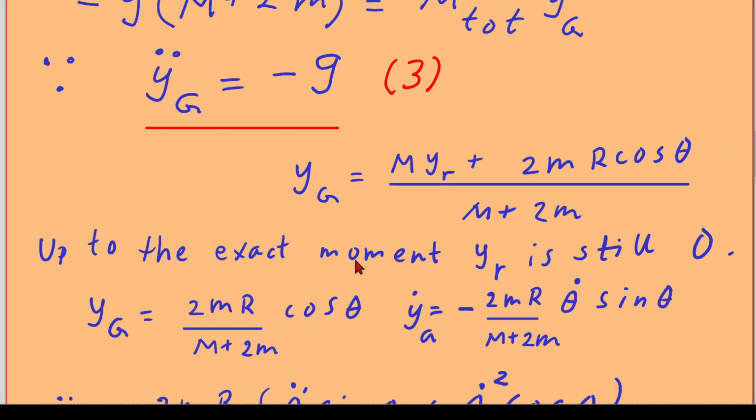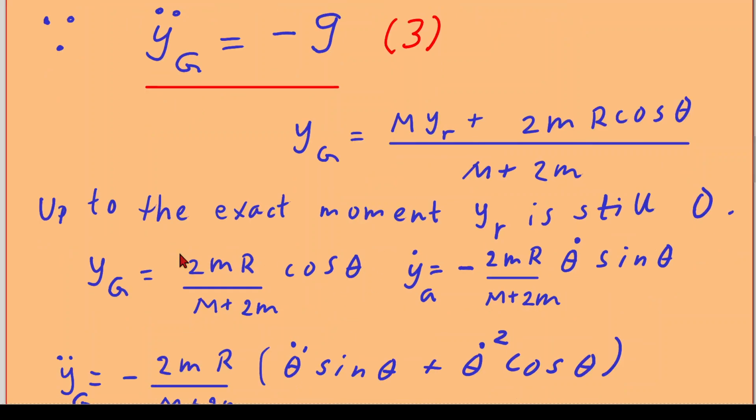And up to the exact moment where the ring has not moved, its y value is still 0. So we can skip this. So that simplifies things. In fact, the y value of the center of mass is given by this formula here.